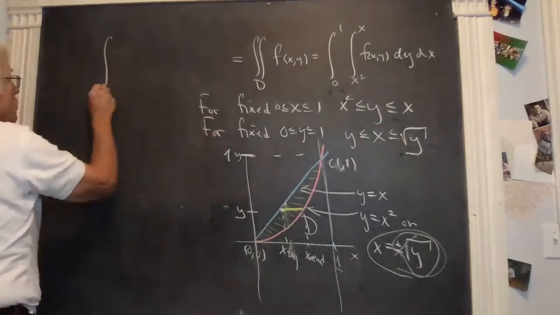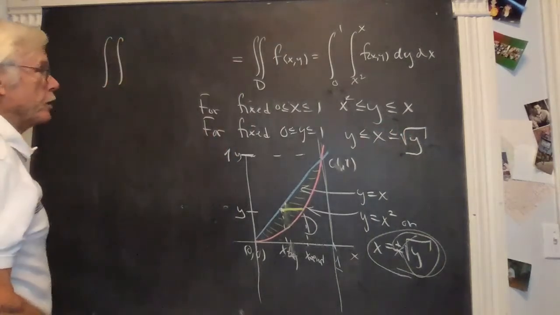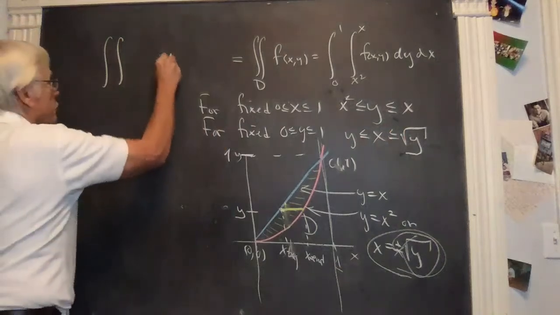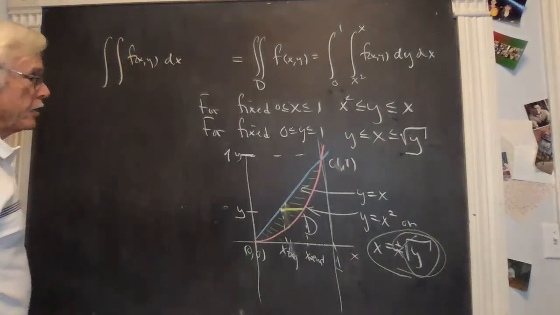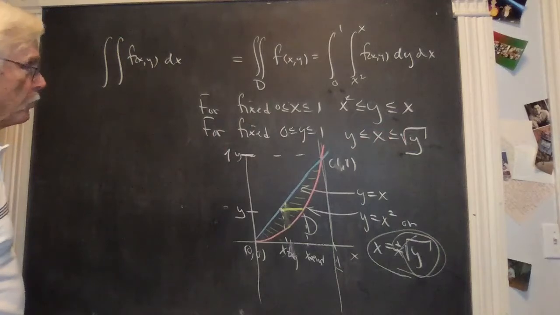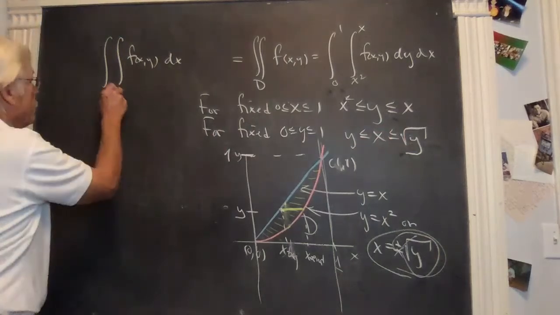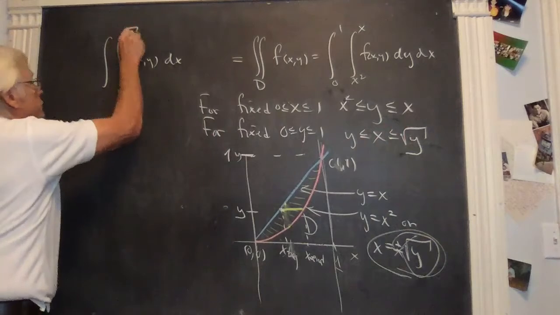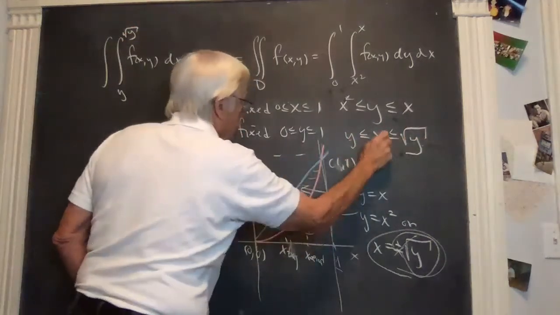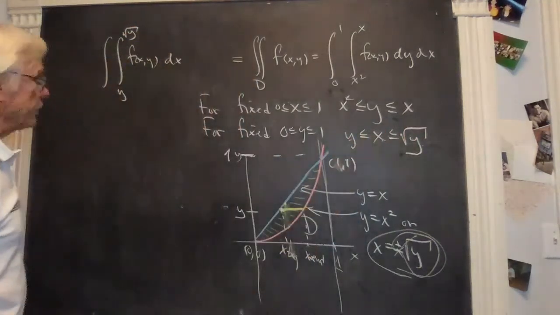So this integral can be written, first of all, as the integral with respect to x. We will begin this time with the y value and end with the square root of y, beginning and ending values for x at a fixed y.